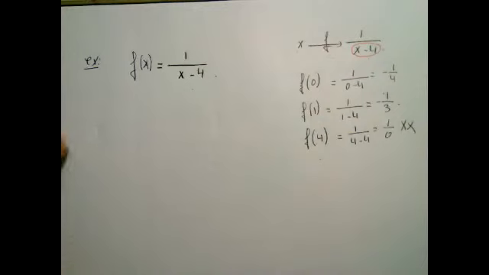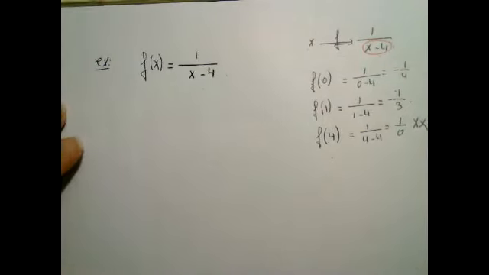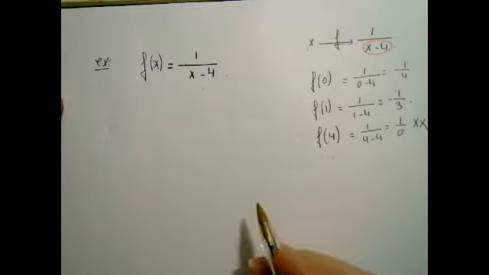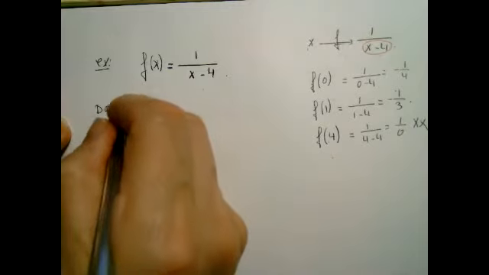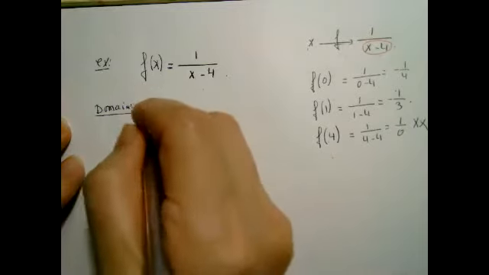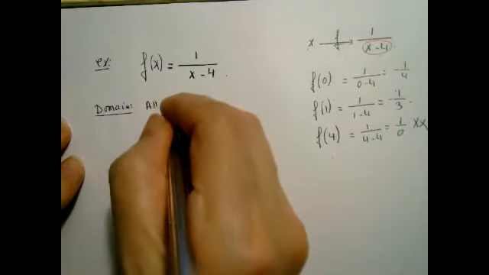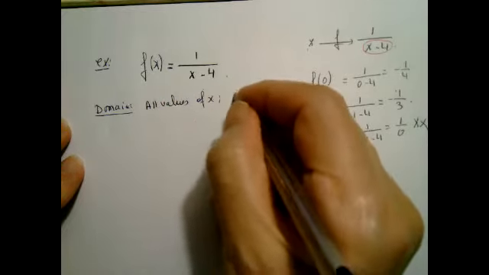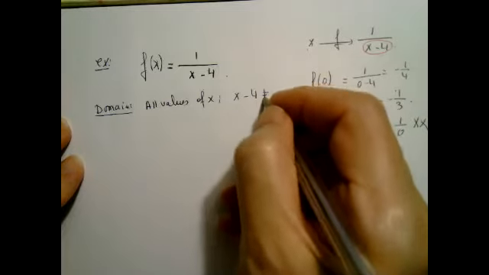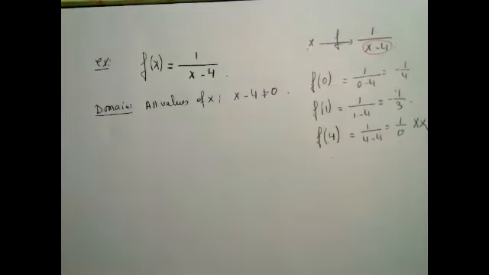So how are we going to find the domain? We're not going to guess all the time. We're going to really think, do it algebraically and make sure that our algebra makes sense. So what is the domain here? All values of x for which the denominator is different from 0. Does this make sense? Every x that stops the denominator from being 0 is acceptable.